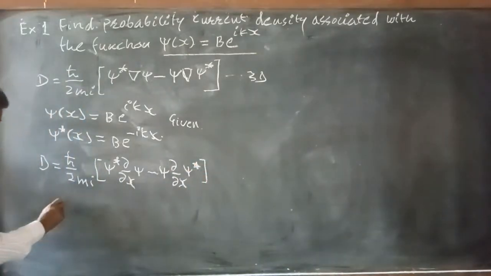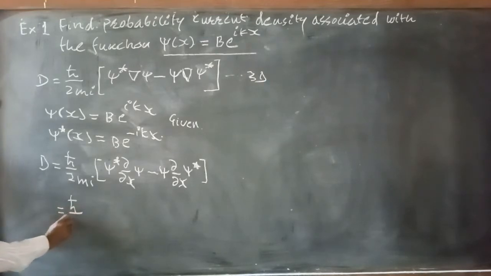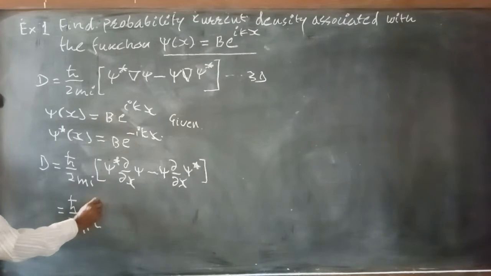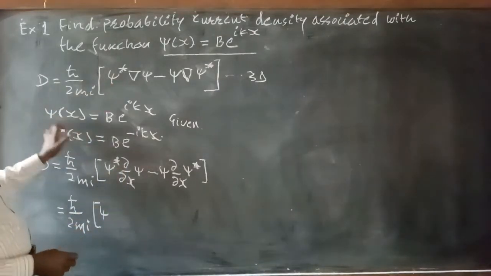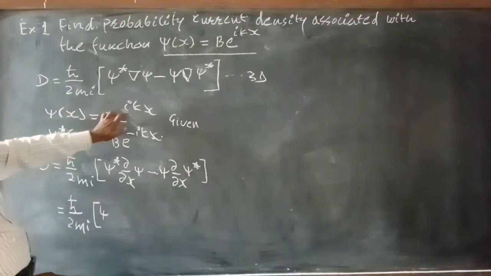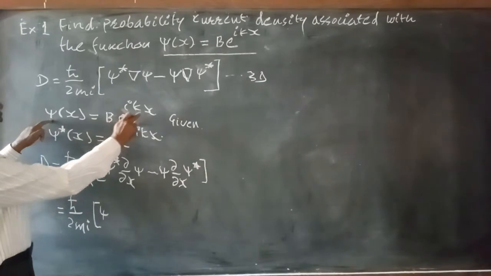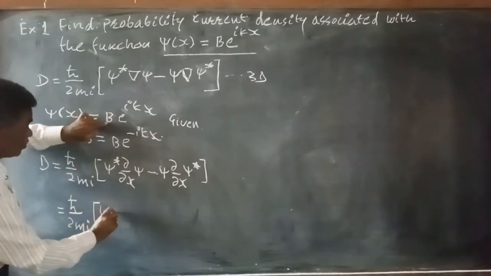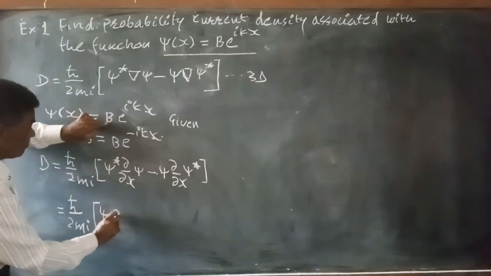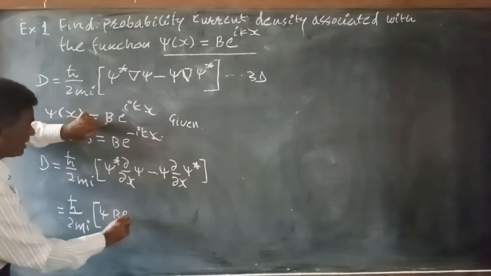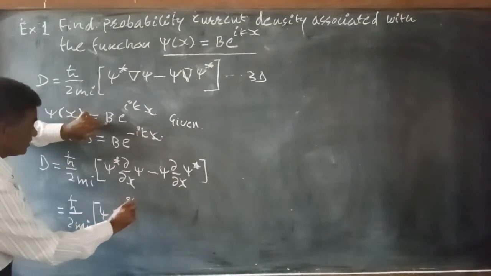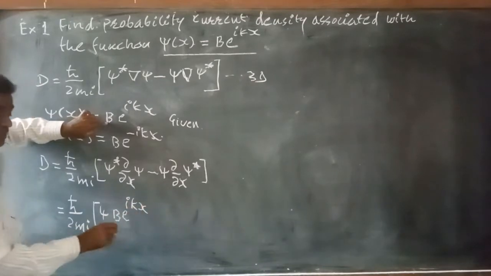This will be equal to h cross divided by 2m, with the bracket as it is and psi kept as it is. Now del psi by del x, where psi is b into e to the power ikx: we take the differentiation with respect to x.